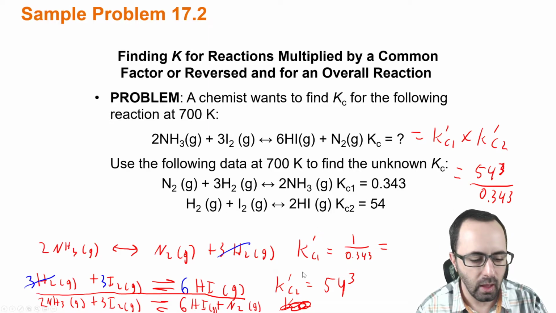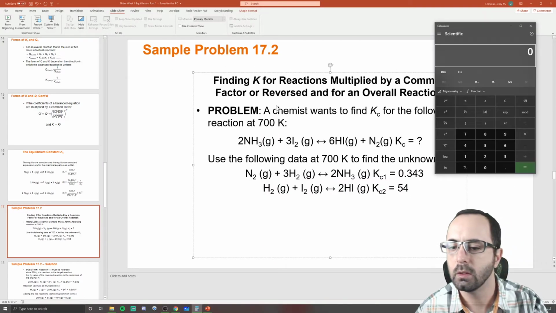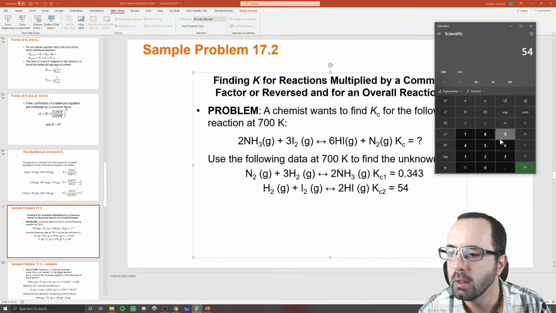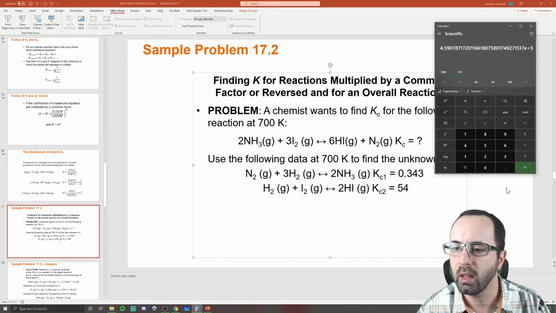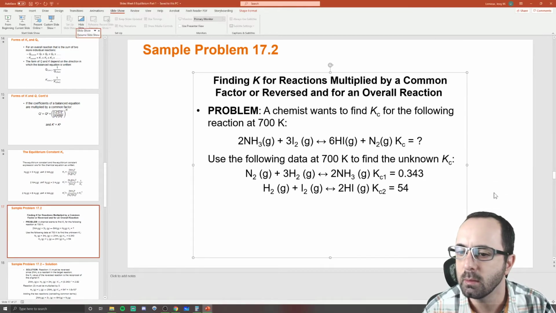Let's put that into our handy dandy calculator here. So we're going to have 54, and we're going to cube it. So we get this number, and then we're going to divide by 0.343. And we'll get about 4.6 times 10 to the 5th.